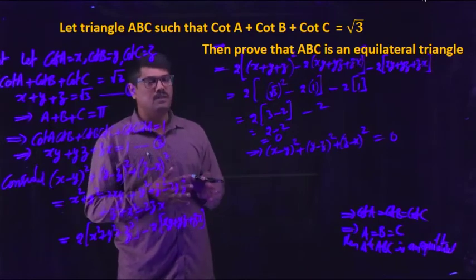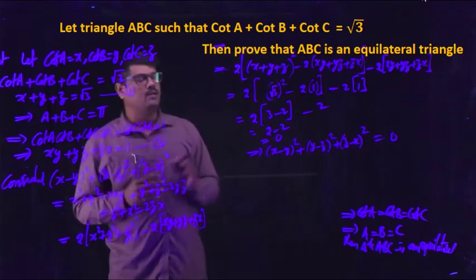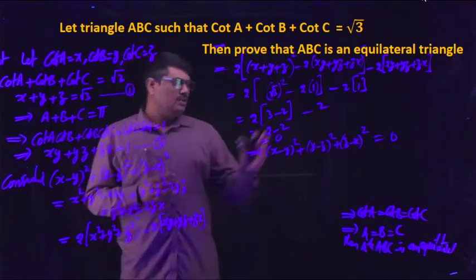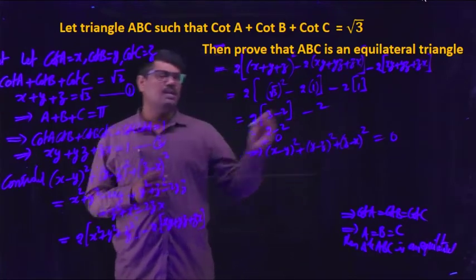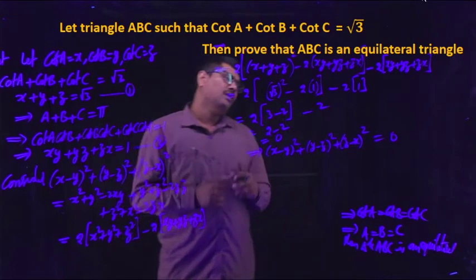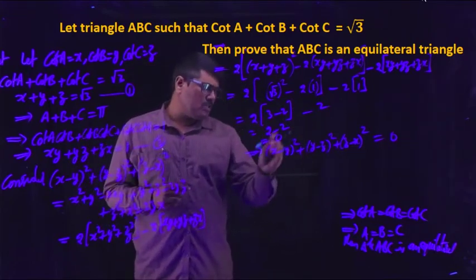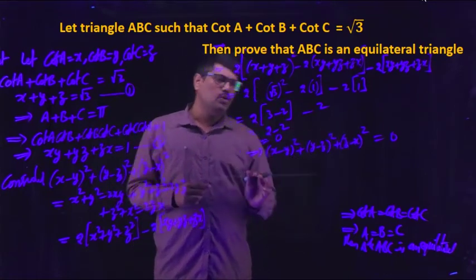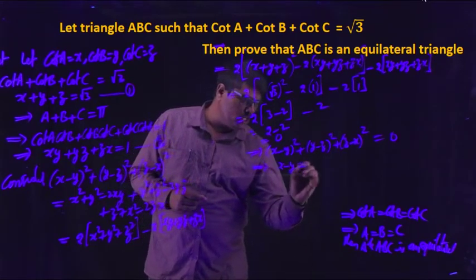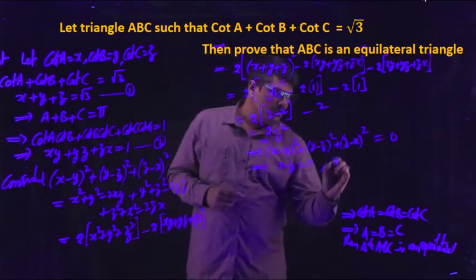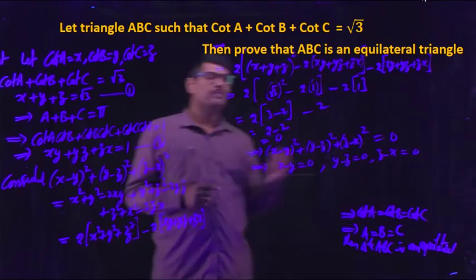How is it possible? All LHS values are positive values, they cannot be negative. A value of 0 is obtained if two values are positive and another value is negative, then only you will get the answer as 0. So being positive values and becoming 0 is possible only when each value becomes 0. x − y = 0, y − z = 0 and z − x = 0.